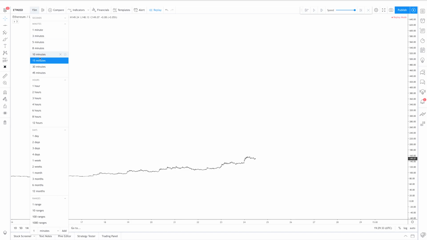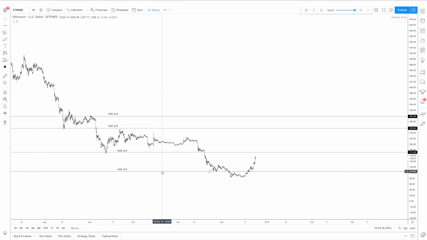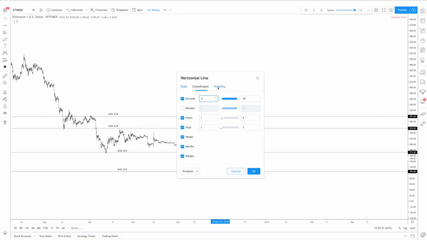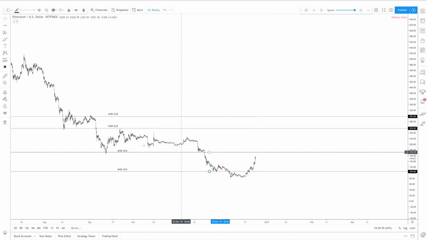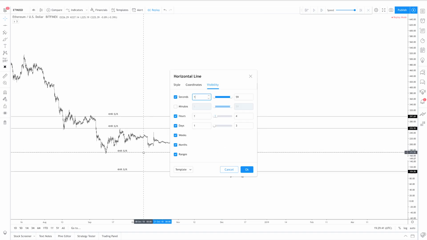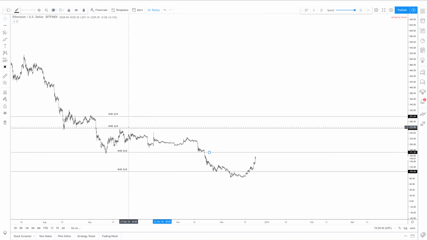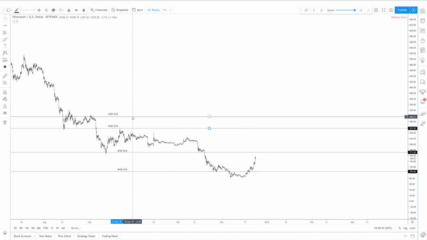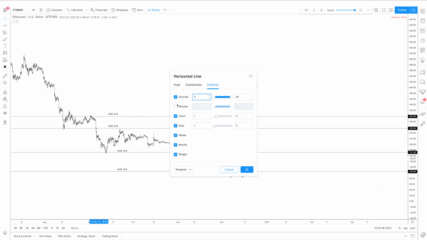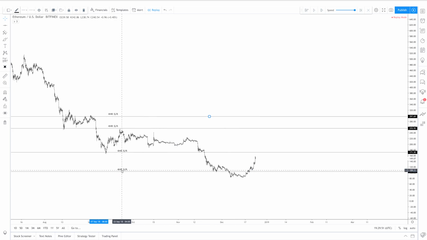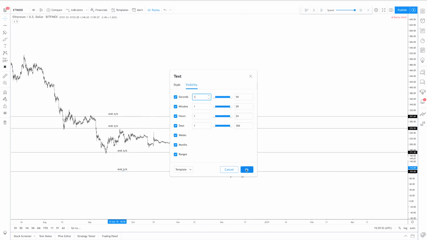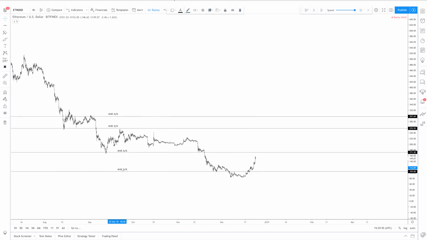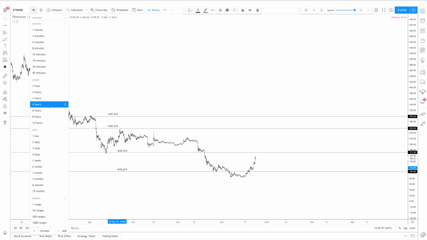Remember what we get: low time frame visibility, and we're going to see these on the minutes, right? This is key to really dialing in. Are the levels accurate? And are these marked on minutes? Yes, they are. Okay, so let's get back to our 15-minute chart.